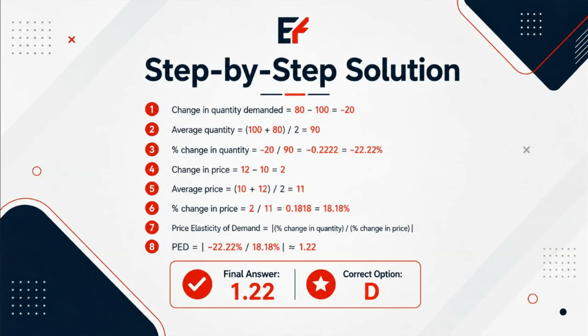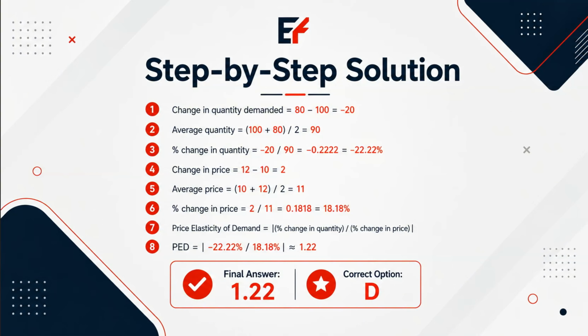Let's walk through the midpoint calculation quickly. Quantity demanded changes from 100 to 80, so the change is negative 20. The average quantity is 90, giving a percentage change of about negative 22.22%. Price rises from 10 to 12, so the change is 2. The average price is 11, giving a percentage change of about 18.18%.